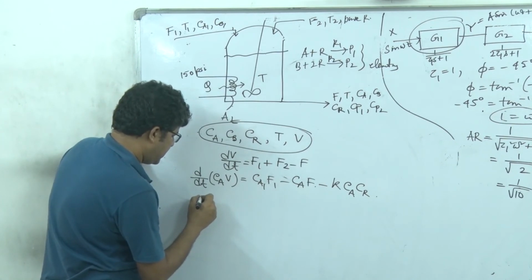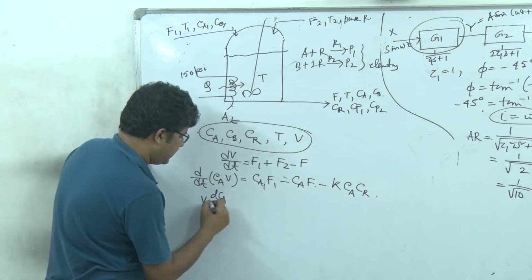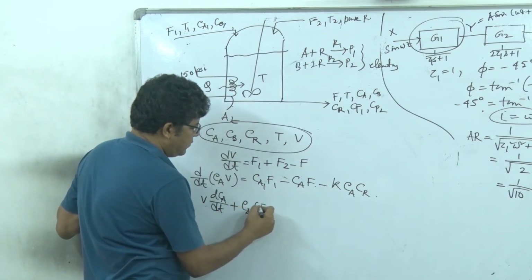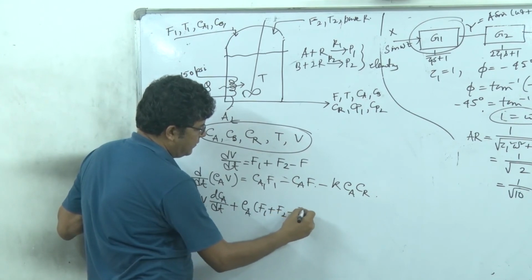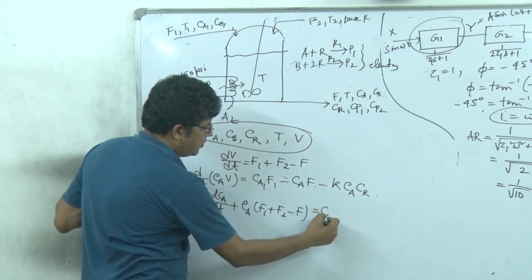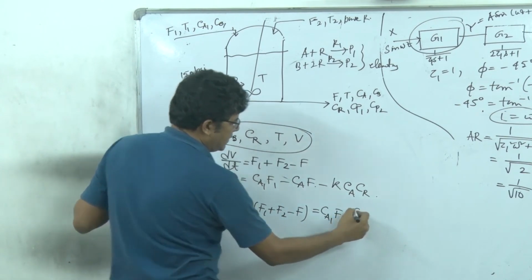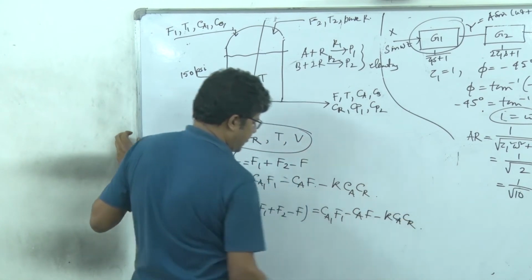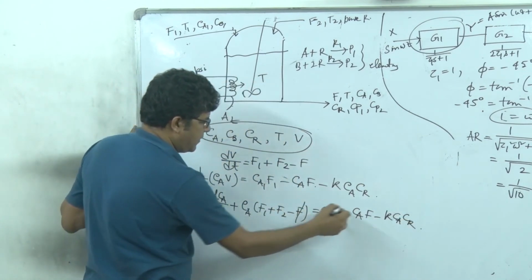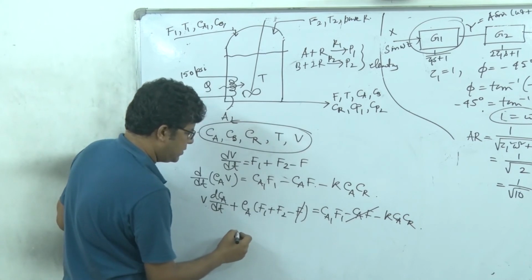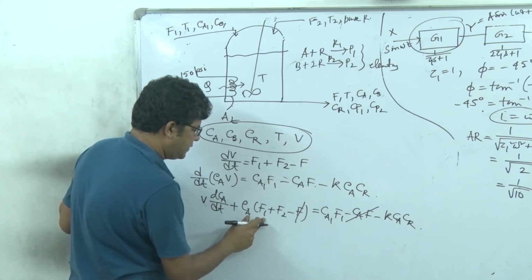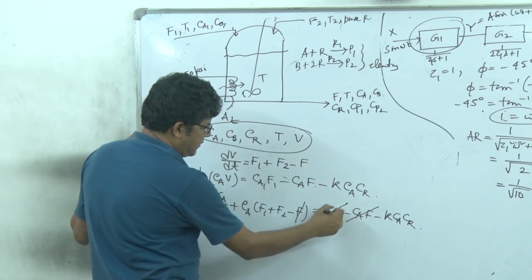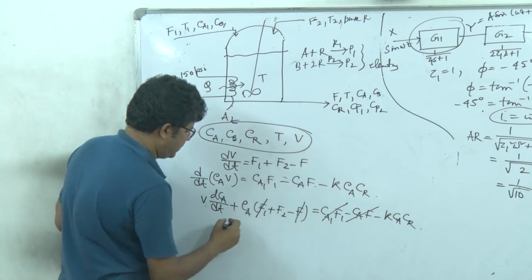So V into dCa/dt plus Ca into dV/dt, which is F1 plus F2 minus F, is equal to Ca1 into F1 minus Ca into F minus K Ca Cr. Ca into F cancels out, and Ca1 F1 also cancels out.